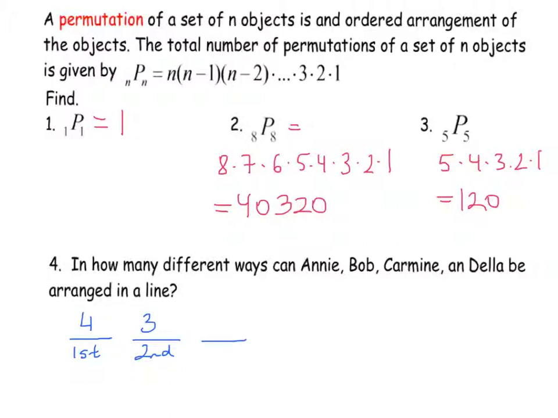For the third slot, I can choose out of 2 students. And for my fourth slot, I can choose only the last remaining student. So the answer is the permutation of 4 students, 4 taken at a time. Evaluating it, I get 4 times 3 times 2 times 1, which is 24 different arrangements.